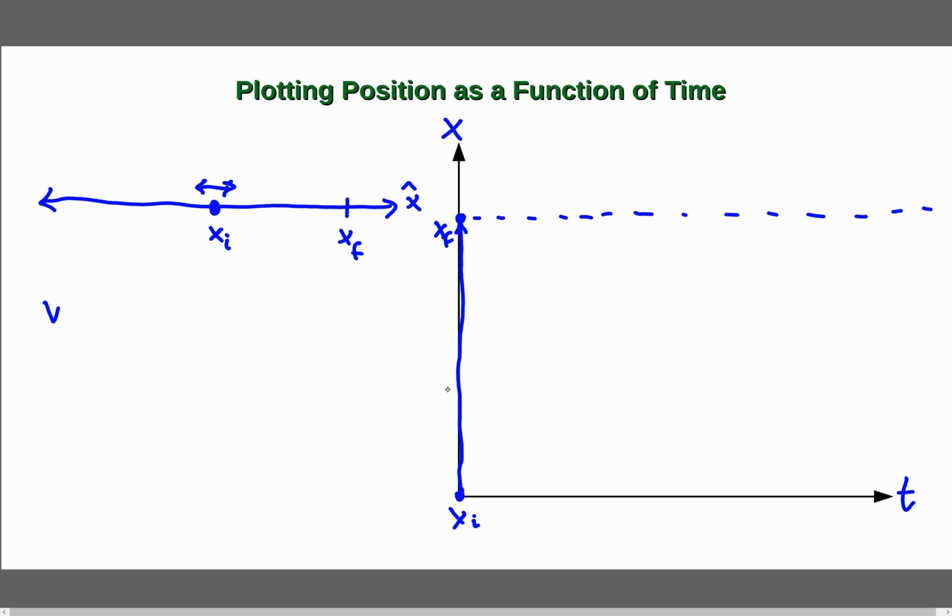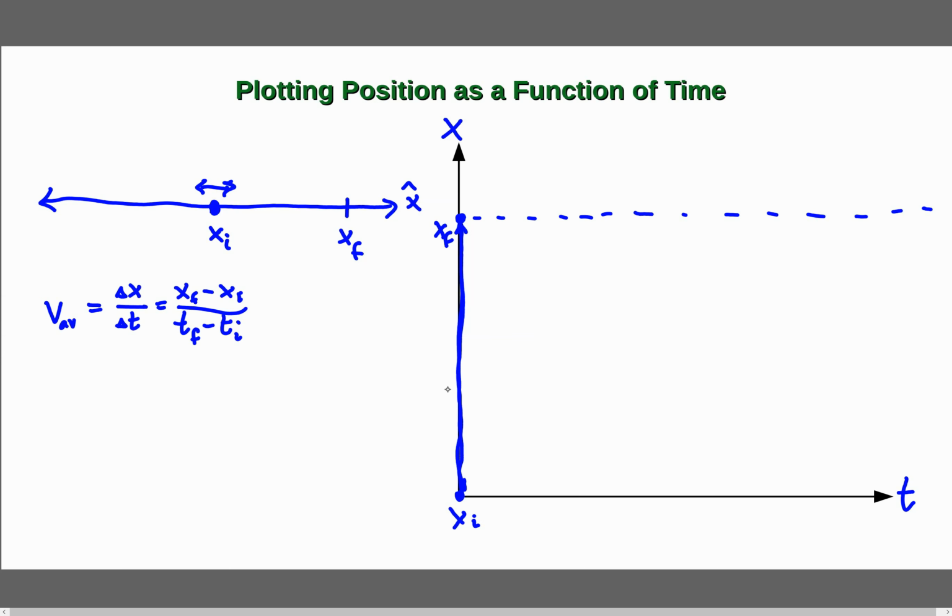And we see if we try to calculate the average velocity, delta x over delta t, we'll have x final minus x initial, and that'll be some distance. You can see there's a distance covered here along the y-axis, over t final minus t initial.